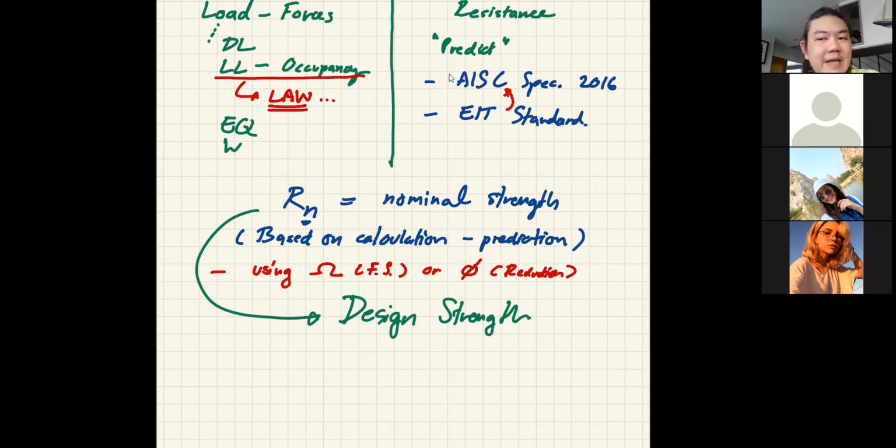Let's say, for example, if I have factor of safety equal to 2, and I say the design strength of the nail is 1.5 tons, it means that the nominal strength of the nail is actually 3 tons. So now if your car weighs 1.5 tons, you can hang your car safely on that nail, knowing that you have a long way to go before the nail will actually fail.